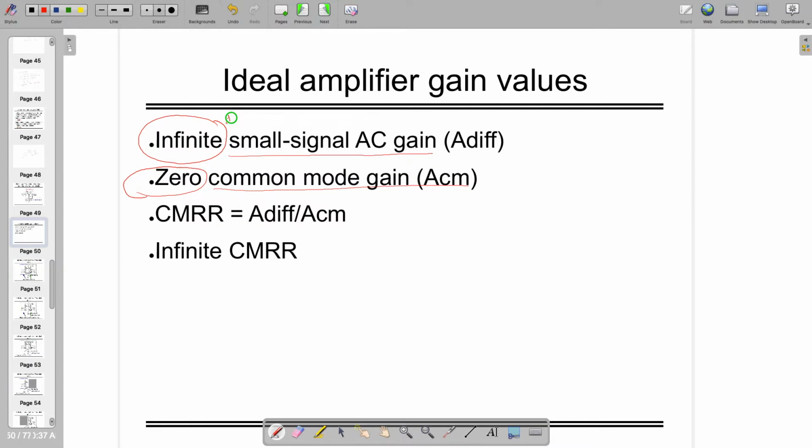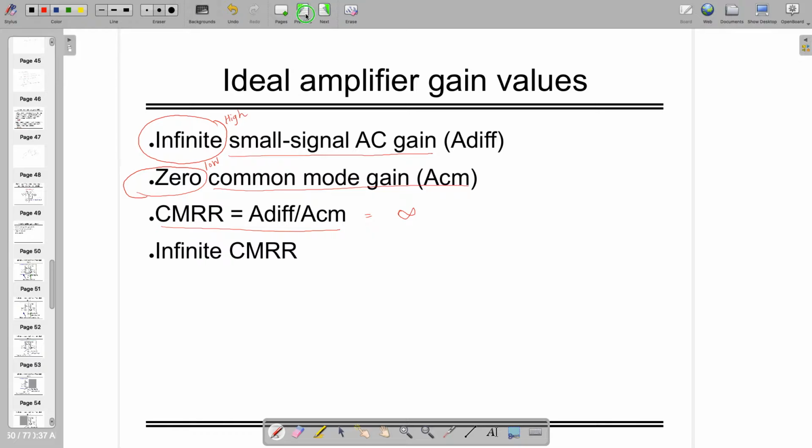So this is as high as infinity, this is as low as 0, and there is one term: as this is infinite or very high and this is 0, then CMRR has to be infinite, right? As the common mode gain is as low as 0 and the differential gain is as high as infinity, your CMRR may be higher than the differential gain.